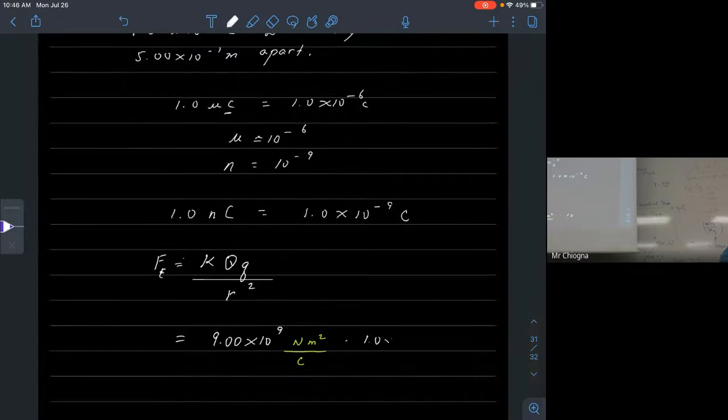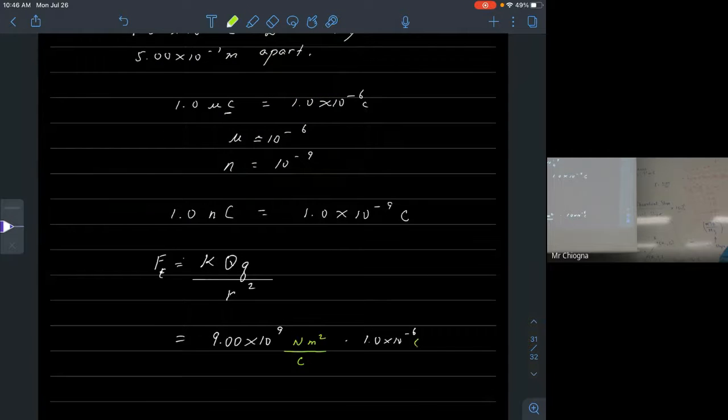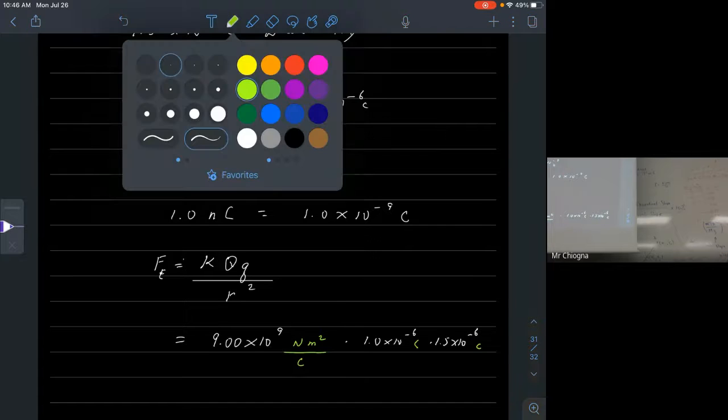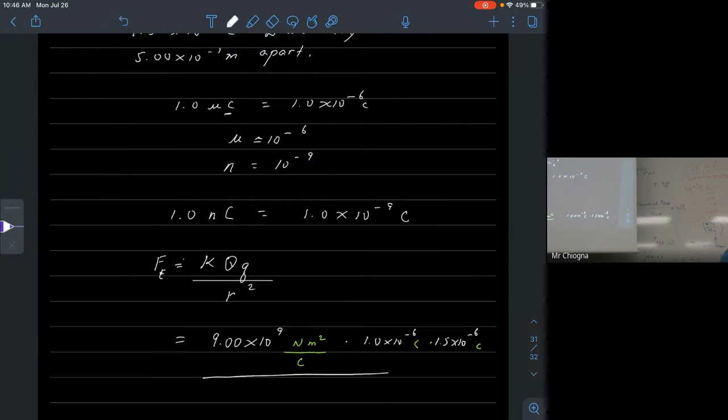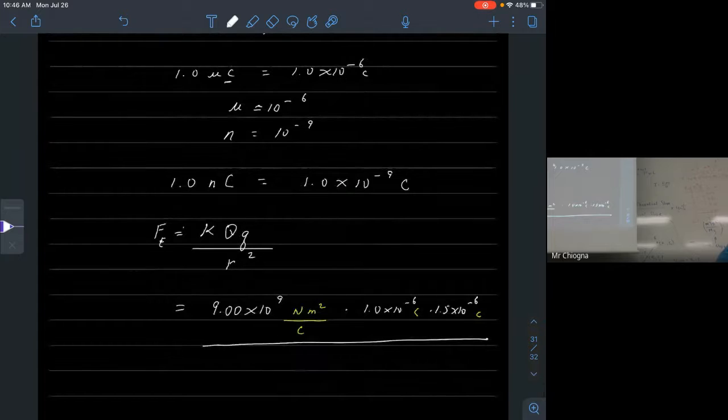It doesn't matter the order. Okay, they are 5 times 10 to the minus 1 meters apart.